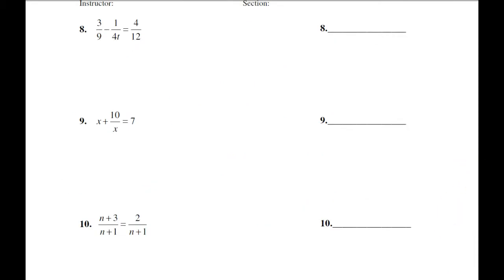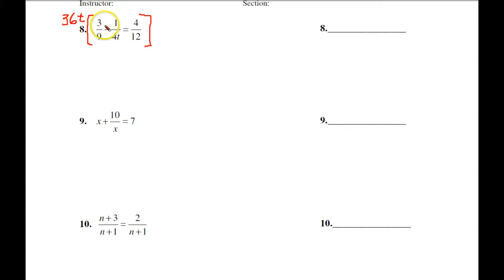Again, in our next few, we'll look for strategy and our least common multiple. What would we multiply every term by to get rid of all the fractions? Well, I have 9 times something, 4 times something, 12 times something, and can you see 36? And we need the t.